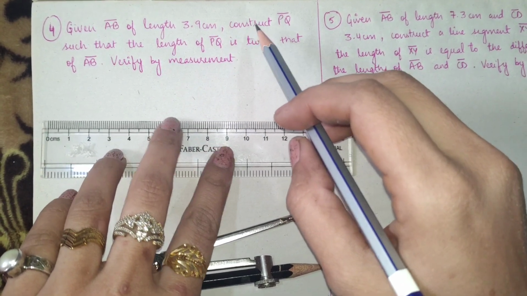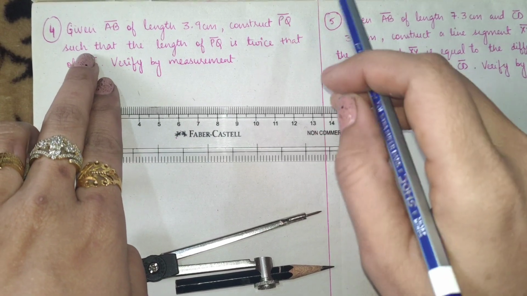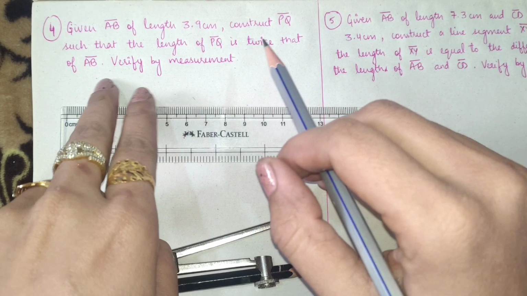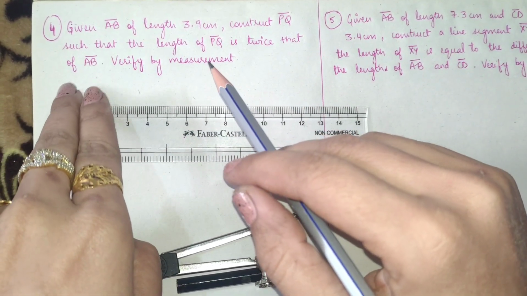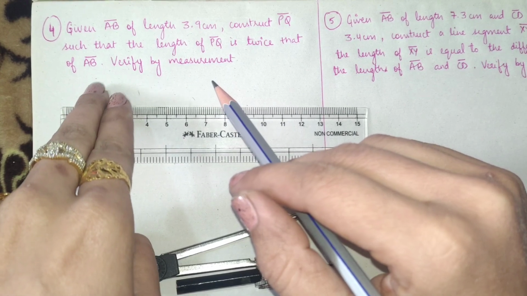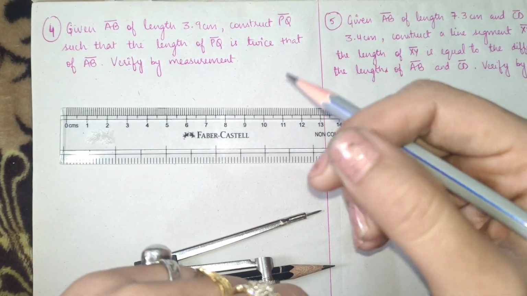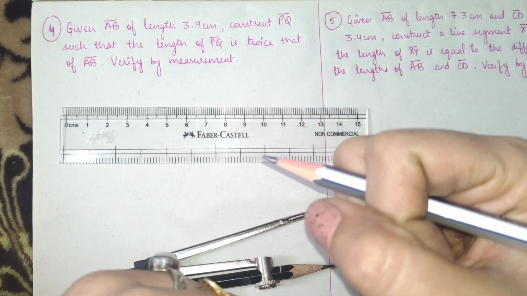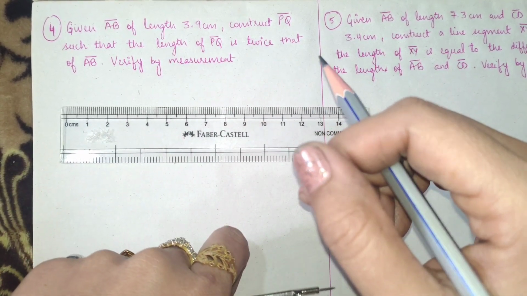What you need to construct is PQ such that the length of line segment PQ is twice that of length of line segment AB. अब आपको PQ को इस तरीके से कंस्ट्रक्ट करना है कि PQ की लेंथ AB के ट्वाइस हो, right? And that you need to verify by measurement.